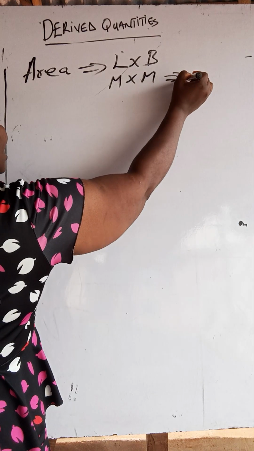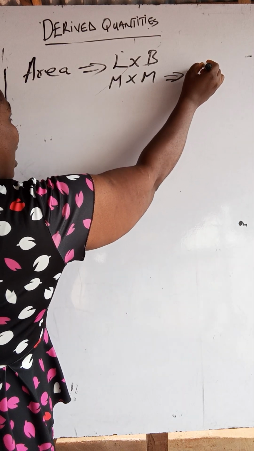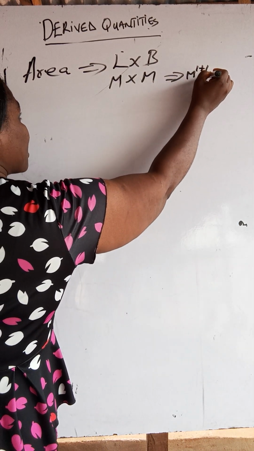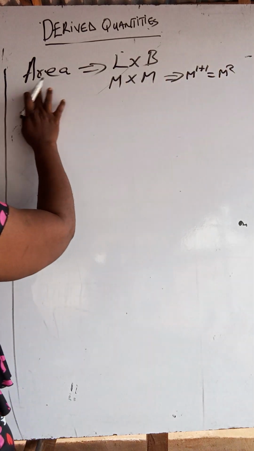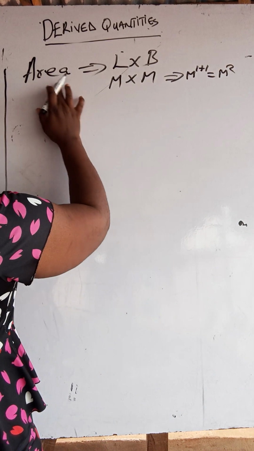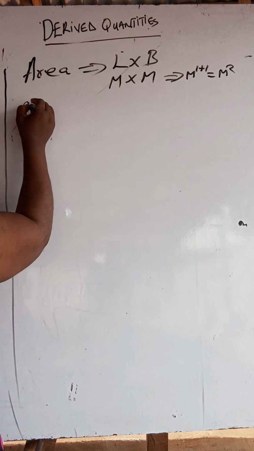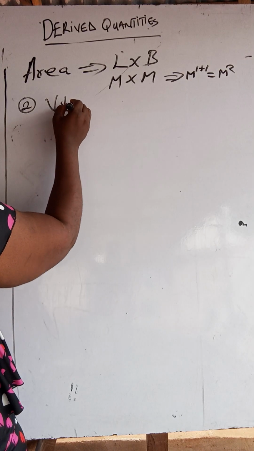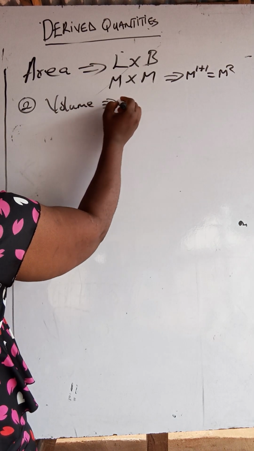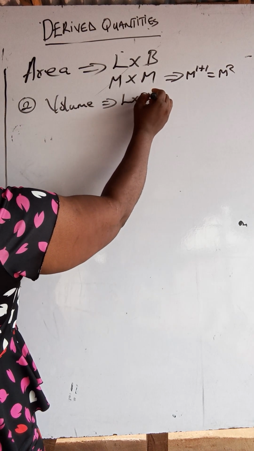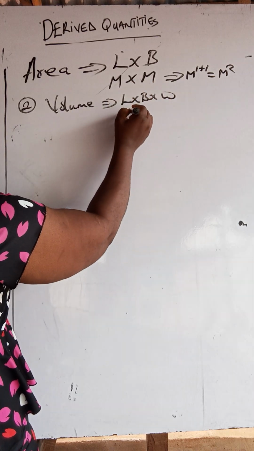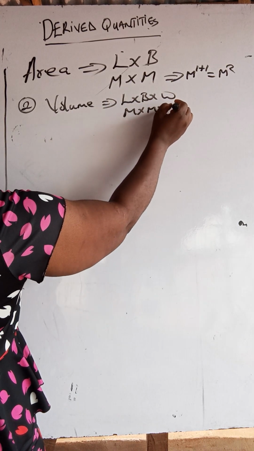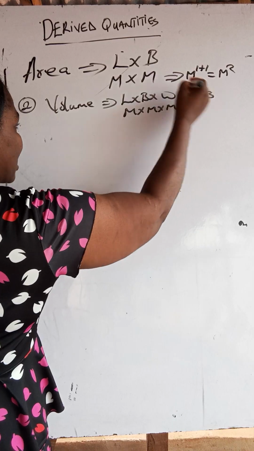From law of indices, meter raised to power 1 plus 1 will be giving us meter squared. So the SI unit of area is meter squared. The second one is volume. Volume, on the other hand, is length times breadth times width, which is still meter times meter times meter, which will be giving us meter cubed.